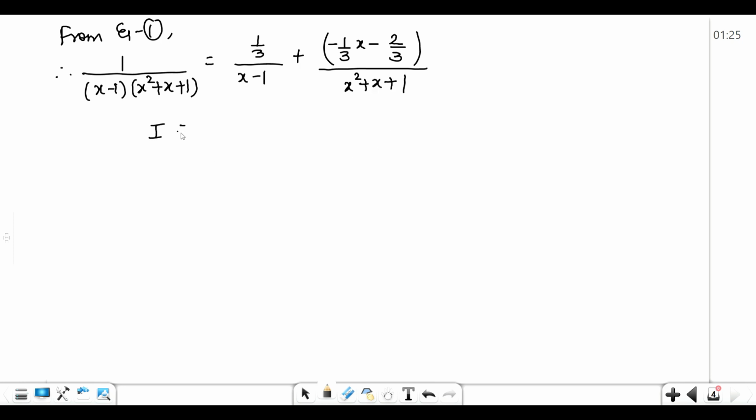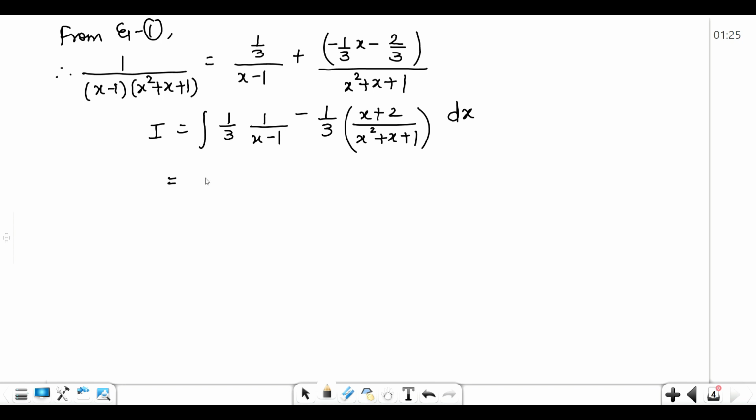So now we are integrating this whole thing. So integration 1 by 3 1 upon x minus 1. Now taking this minus sign outside as a common, and we'll take 1 by 3 also common. So that will give you x plus 2 upon x square plus x plus 1. Okay, the whole dx.